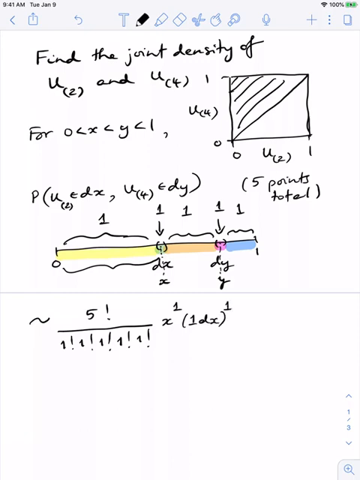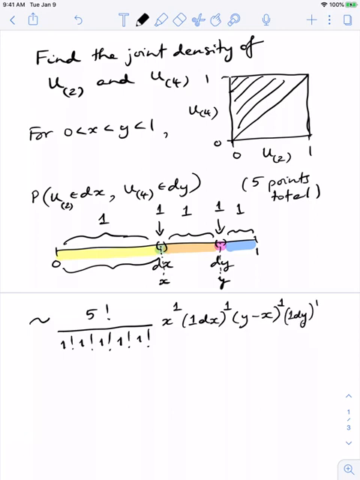And then another one has to fall in that orange interval. That orange interval has width y minus x, and the count has to be 1. And then I have a dy to the power 1.